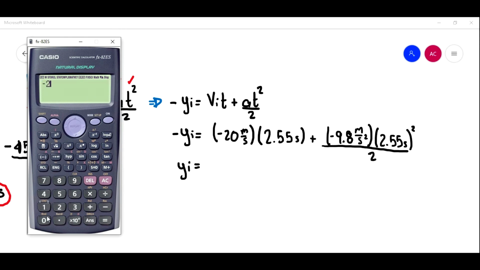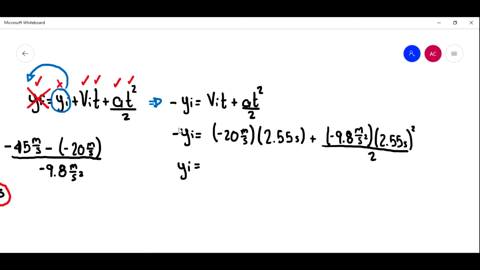Minus 20 that multiplies the value that I got saved in A, that is the time, plus fraction negative 9.8 times the value of A raised to the square over 2. And I repeat, it must be negative. Boom. Yes, it's negative, but this negative I'm going to move to the other side.